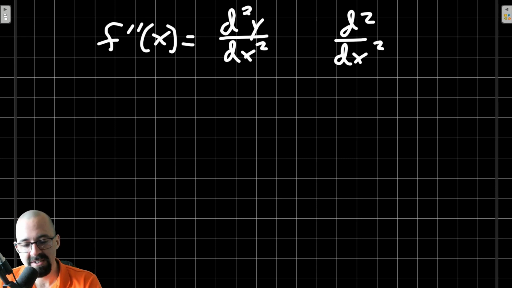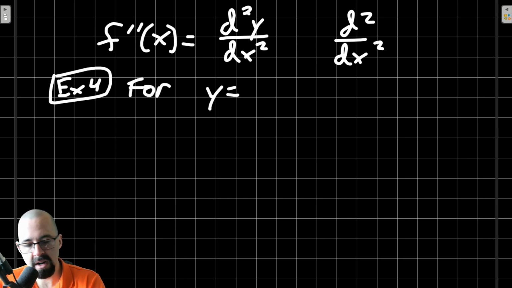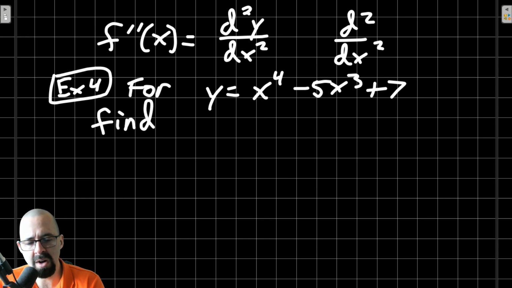All right. So that's going to lead us to example 4, where I want you to look at this function, y equals x to the 4th minus 5x cubed plus 7. And let's combine something from video 2 and video 1.